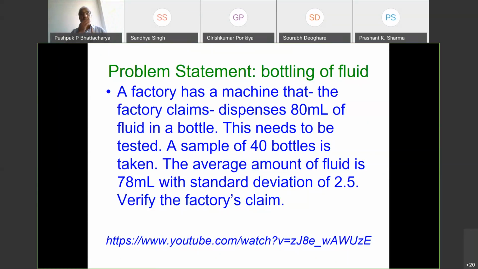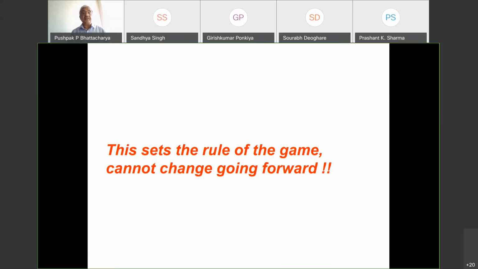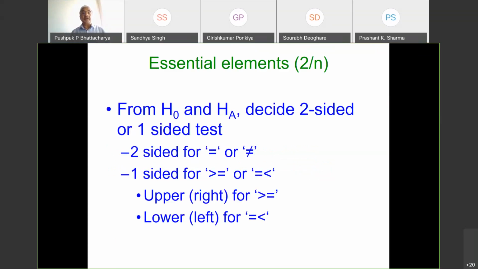That is a problem-specific situation, and after analyzing this problem situation carefully, we would like to form the null hypothesis accordingly. Here also, as you know, once we formulate the null hypothesis and decide on the confidence interval, that begins the process. And you can decide on a two-sided test or a one-sided test.